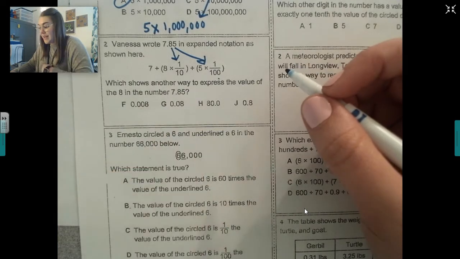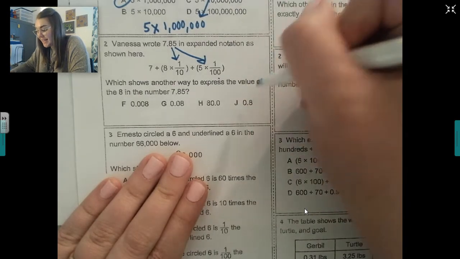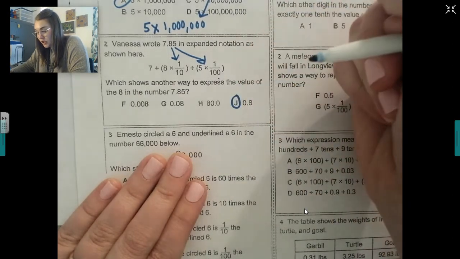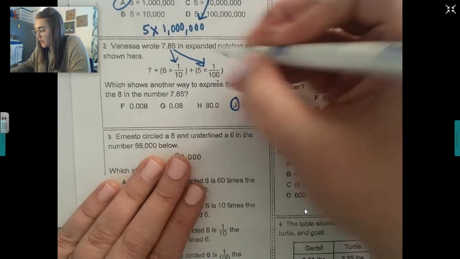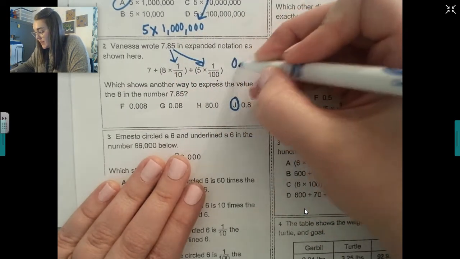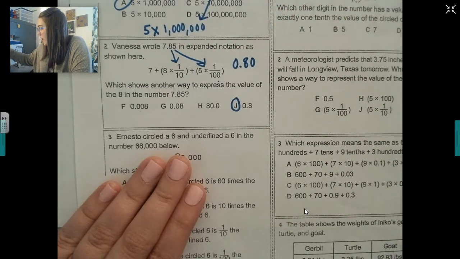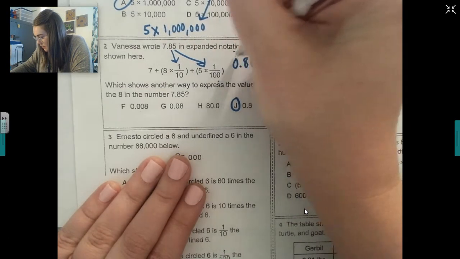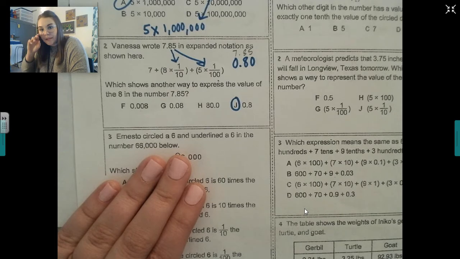We would have to show it in the decimal form. So the 8 just needs to be in the tenths place, and that would be J. I also showed you yesterday in our small groups that all you had to do was take that 7 and put zeros in for the number. So if they were talking about 7 and 85 hundredths, that is what it would look like when I put zeros in for every number but that 8.